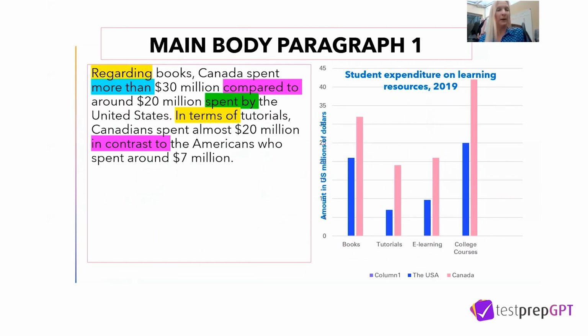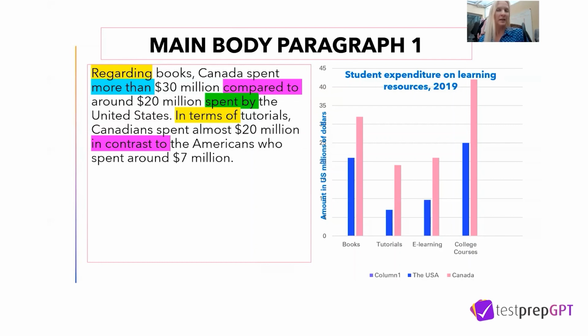In paragraph 1, regarding books, Canada spent more than $30 million compared to around $20 million spent by the United States. In terms of tutorials, Canadians spent almost $20 million in contrast to the Americans, who spent $7 million.